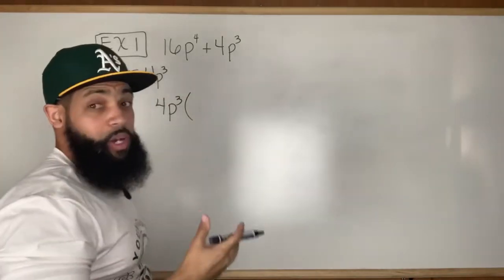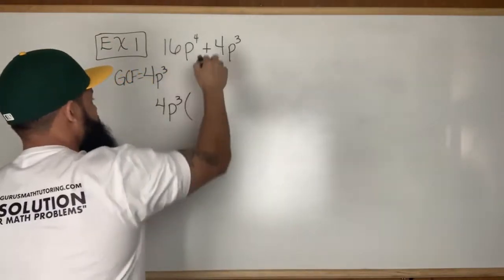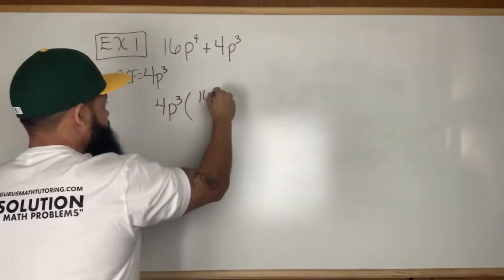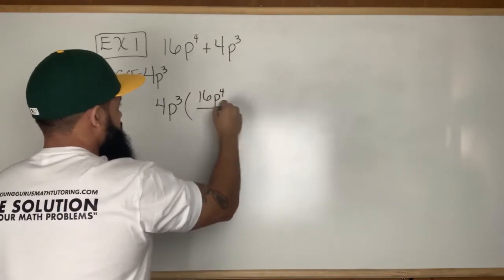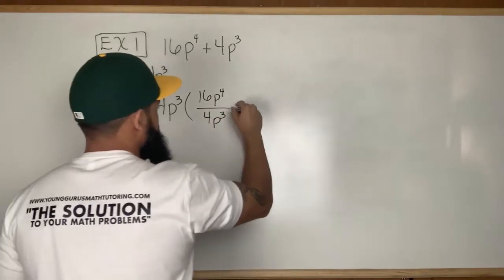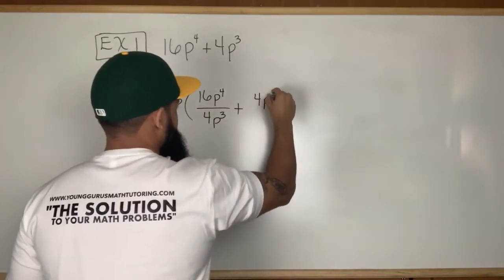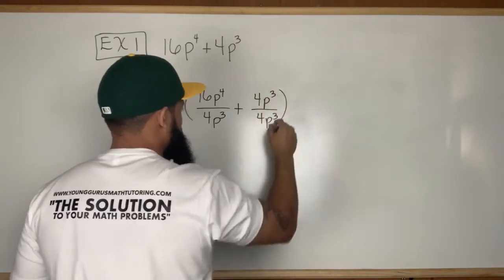Now, to figure out what I get inside the parentheses, I'm basically taking each of these terms and dividing them by the greatest common factor. So it's basically like saying this divided by 4p to the third power, plus that second term divided by 4p to the third power as well.